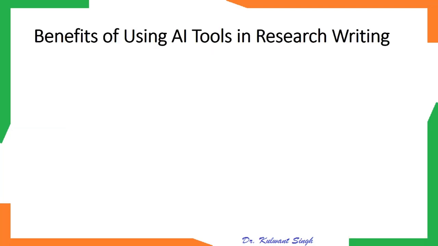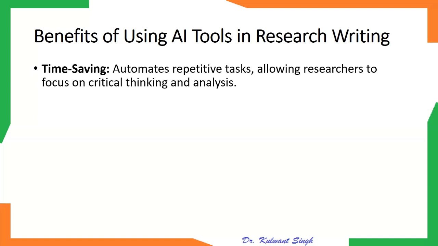Now, the next thing is the benefit of using the AI tools in research writing. This may be a question in the mind of the participant, or we have some objective in our mind about the AI tools for research writing assistance. So the first objective, or you can say first benefit, is time saving.